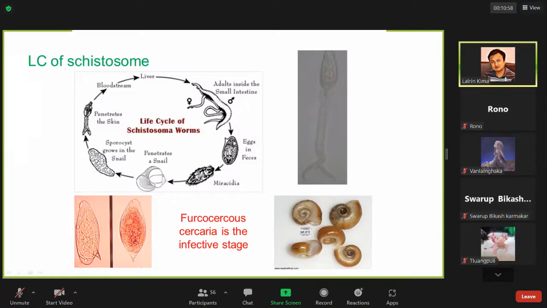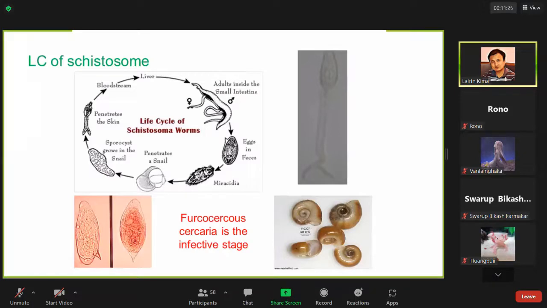All those parasites under the class Trematoda, under the subclass Digenea, have operculated eggs. That means there is a cap on one pole of the egg.